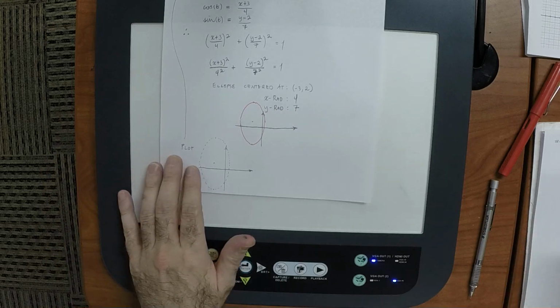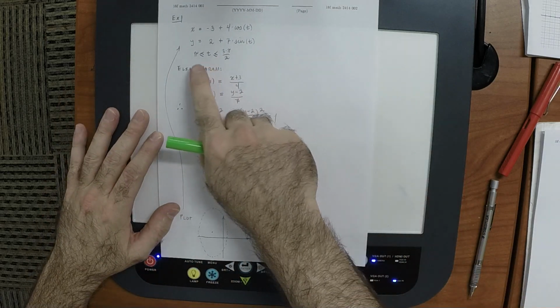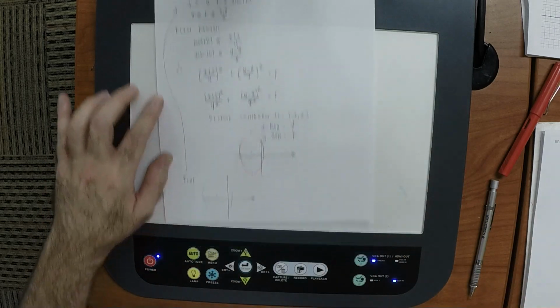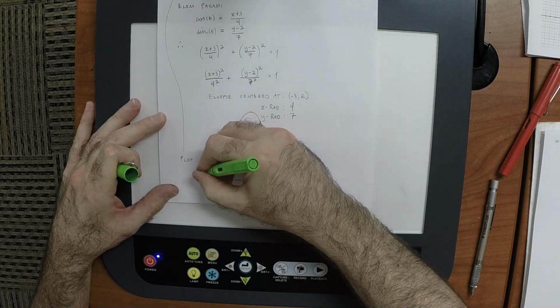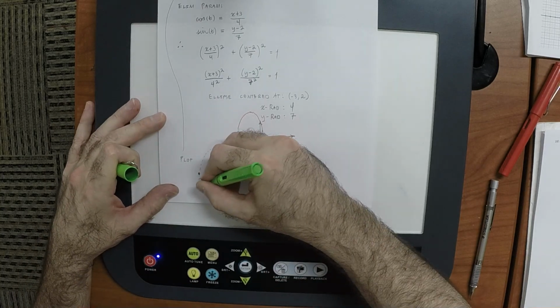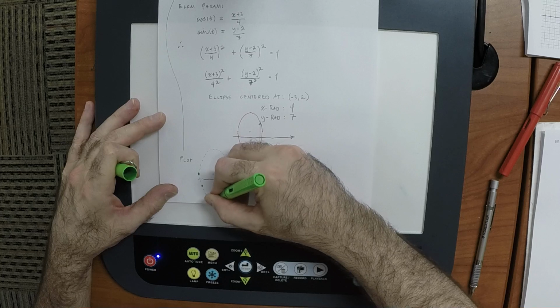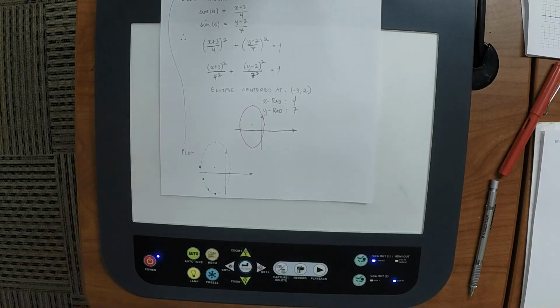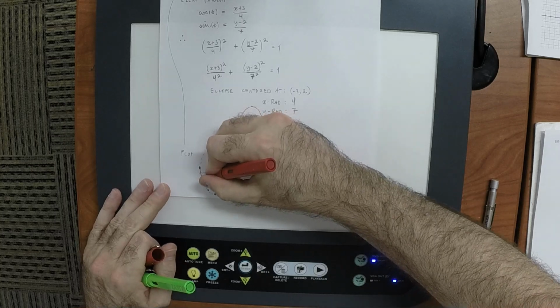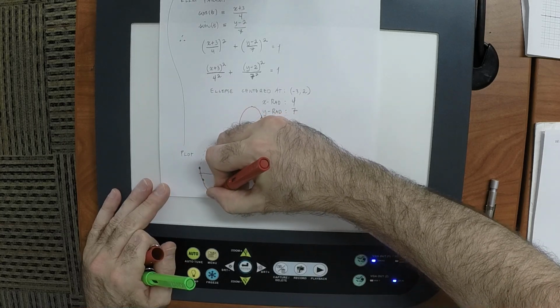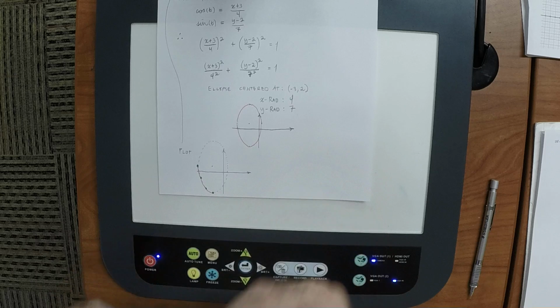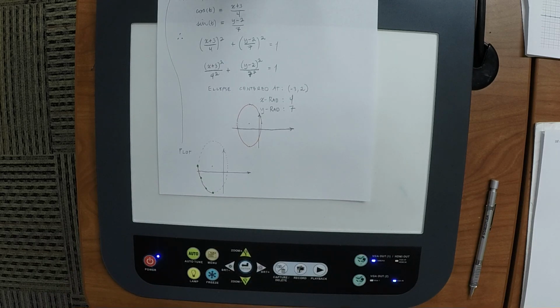But the only points that actually exist, because we're plotting from pi to 3 pi over 2, you'll get that point, and depending on how many points you plot, it will end up looking like that. So you just get those, and then you would get this much, and then you'd have to consider in what order I was plotting those points.